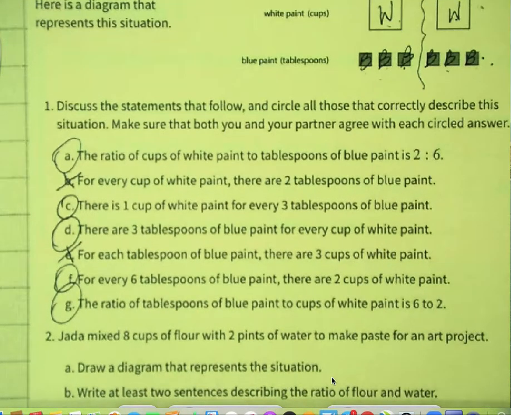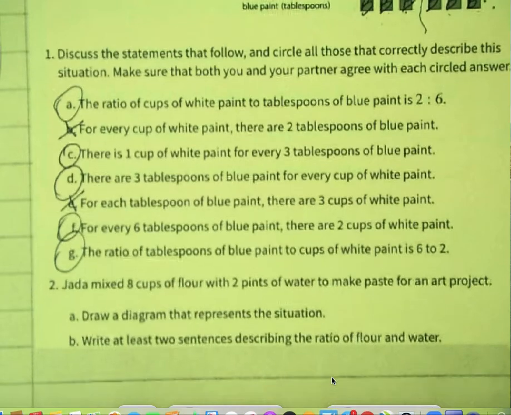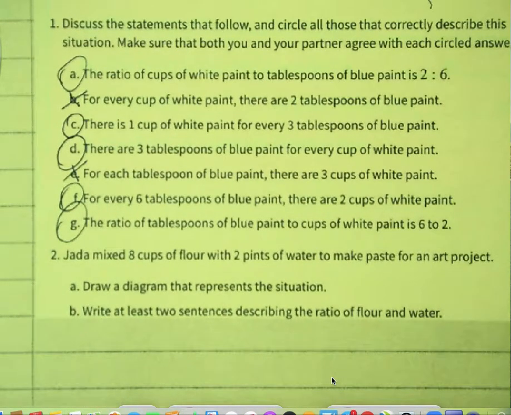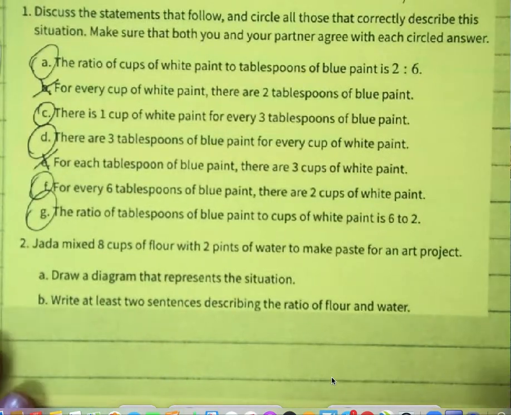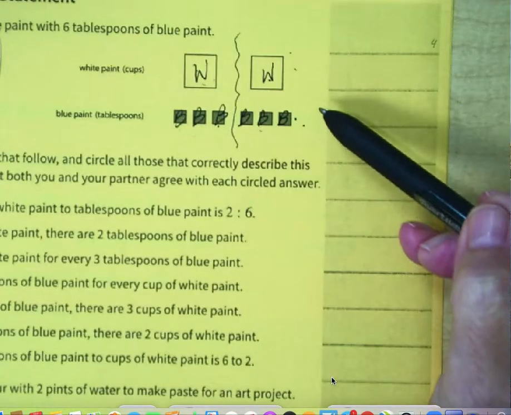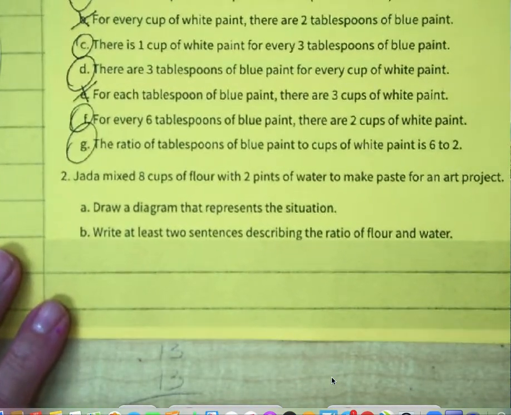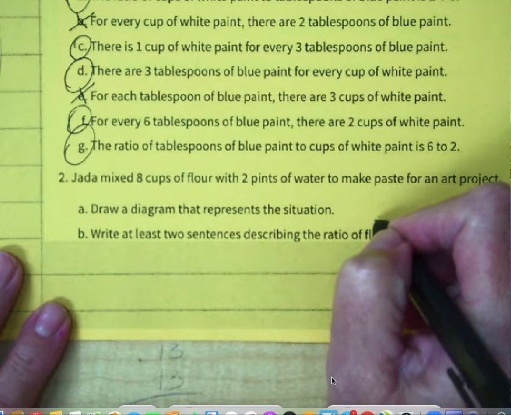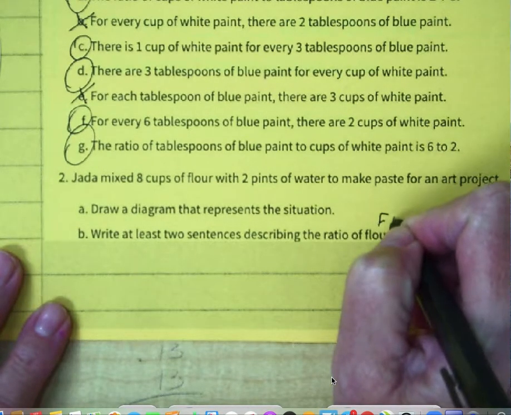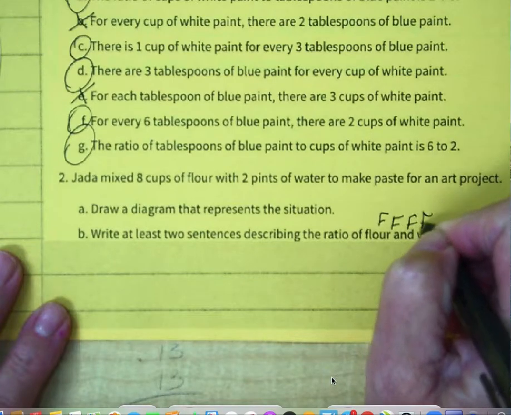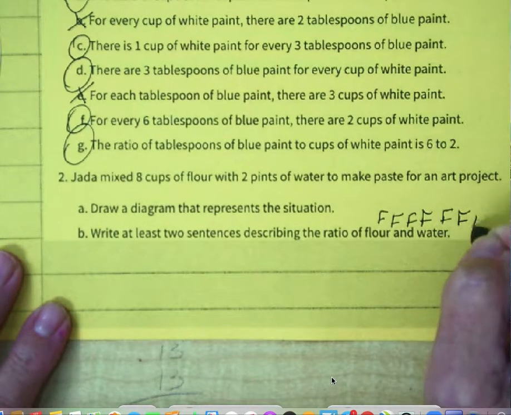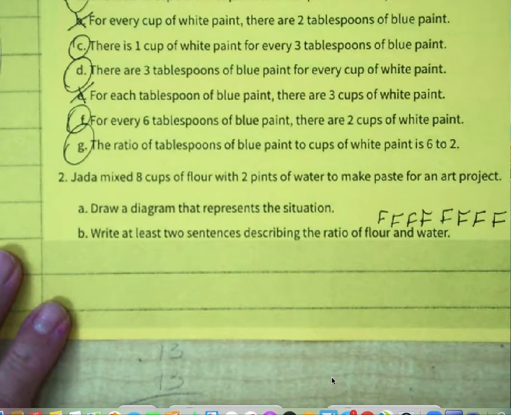All right? So let's look and let's do one now. Jada mixed 8 cups of flour with 2 pints of water to make paste for an art project. First thing we're going to do is draw a diagram. This diagram, did you see this one up here? This diagram does not have to be fancy. Okay? 8 cups of flour. And you know what? I'm just going to put F's. 1, 2, 3, 4, 5, 6, 7, 8.